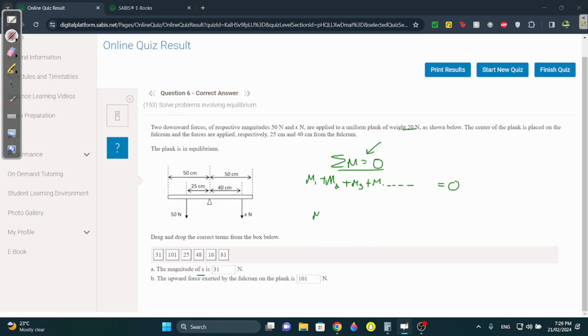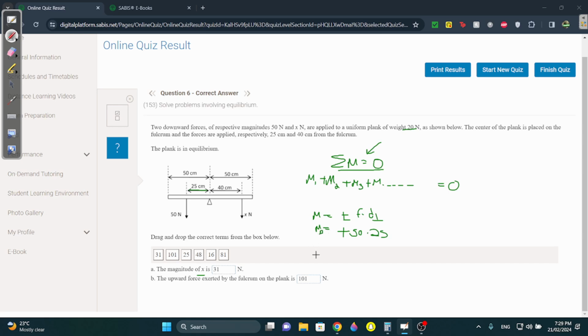The moment is equal to plus or minus the force times the perpendicular distance. In this case, it's counterclockwise, and it's obvious, I don't think I have to draw it. So it's plus the force 50 times the perpendicular distance 25.